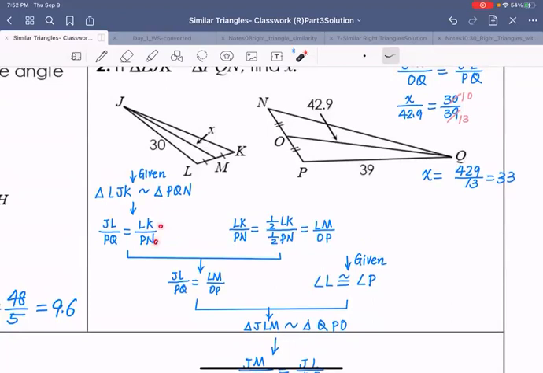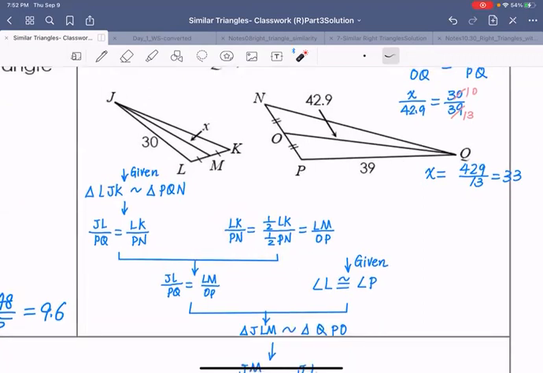LK over PN equals, let's do 1/2 for both. You times LK by 1/2 and PN by 1/2. This equation is still correct, right?